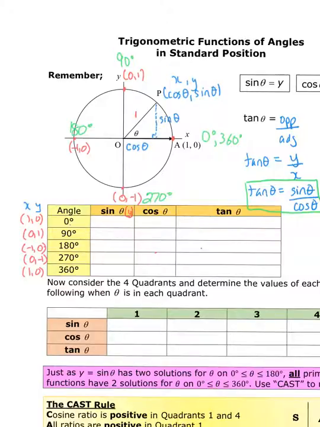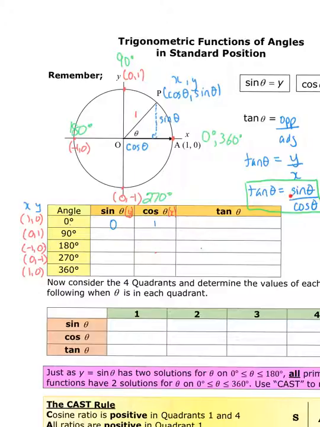So what we will do is take the y coordinate from that point, which is 0. So sine of 0 degrees is equal to 0. Then cos, we know, is our x value. So we will look at the x coordinate of that point, which is 1. So cos of 0 is 1, and you can check that with your calculator.